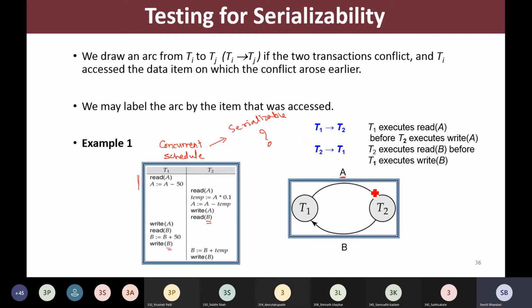And this is why we are having an edge from T2 to T1, and we are labeling this edge with B, because this conflict has arisen because of this data item B. Okay, so this is how we are drawing a precedence graph.